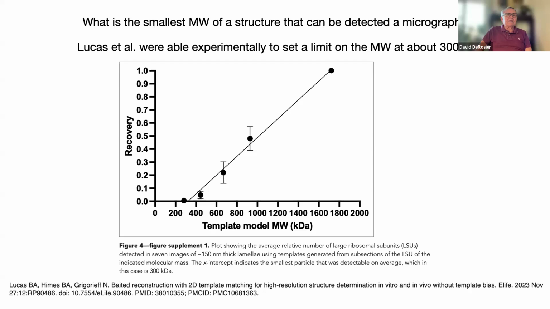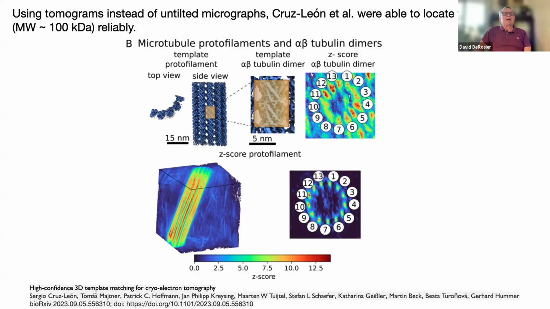Now, another group used tomograms instead of untilted micrographs, and they were able to locate tubulin dimers reliably. This is their template, this little box here, a tubulin dimer. And what you can see in this Z-score map, which shows how many standard deviations you are above noise, is that they get quite good recognition.